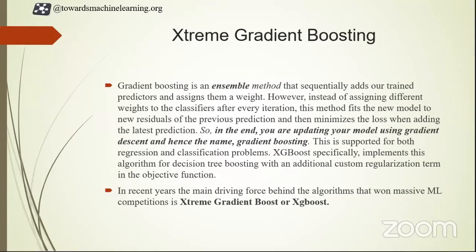It does sequential analysis of the data set, takes a longer time and a large amount of memory. That's why XGBoost was introduced, and it is the fastest boosting algorithm.